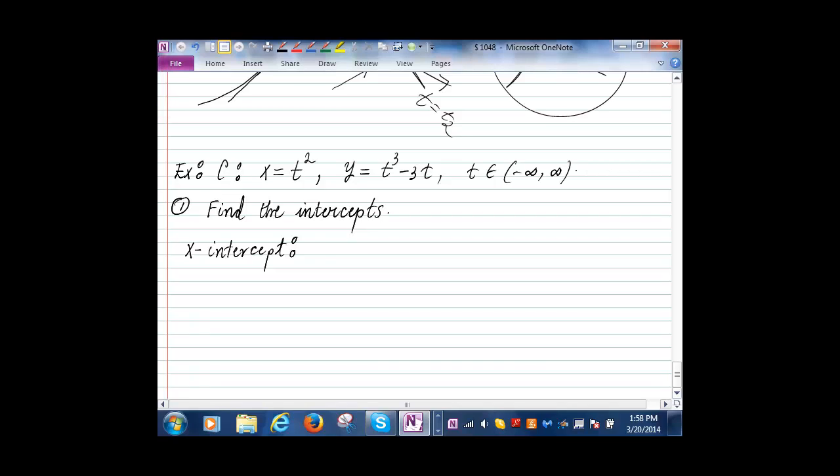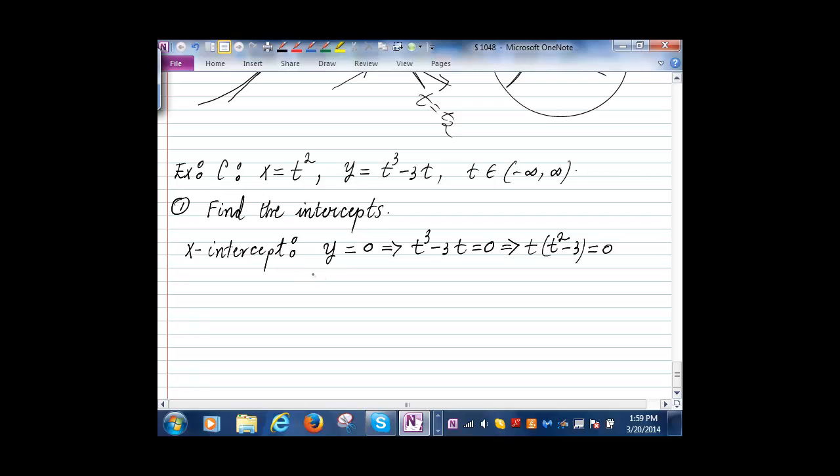Y equals 0, right? So let's set y to be 0 and solve for that. If y is 0, then we obtain t cubed minus 3t is 0. If I factor out, I get t times t squared minus 3 equals 0.